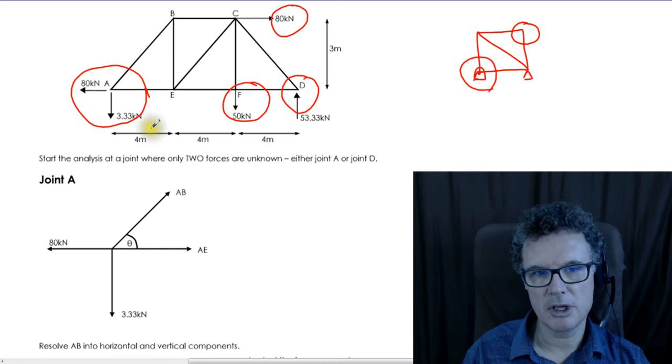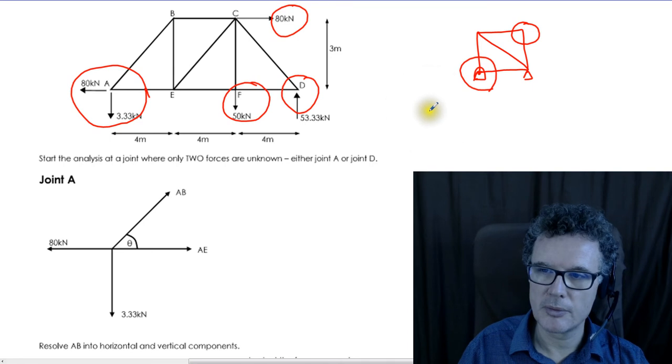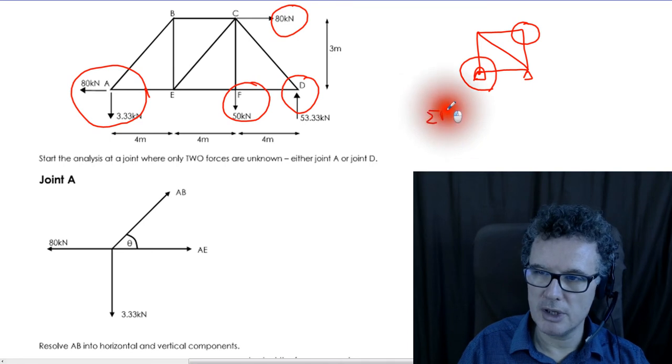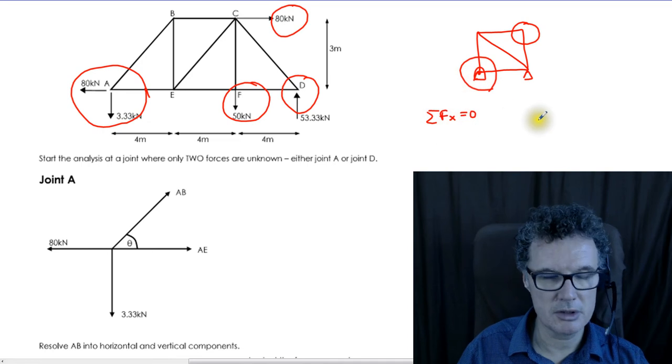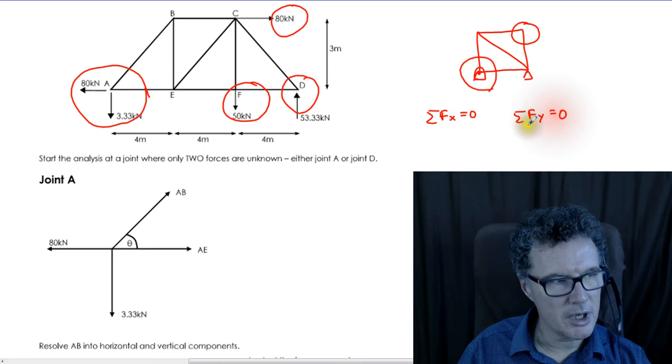The reason why we can only cut through 2 members is because we've only got 2 equations to play with. We've got the forces in the x direction, and the forces in the y direction. Why do we only have these 2?